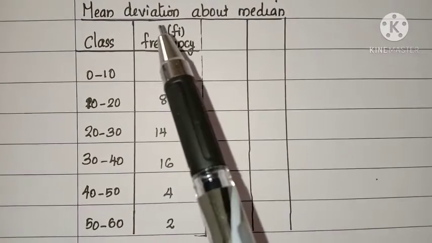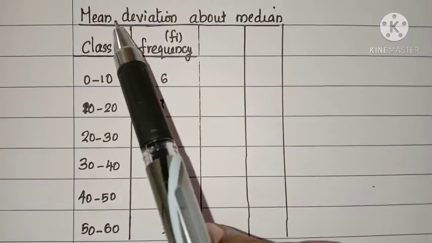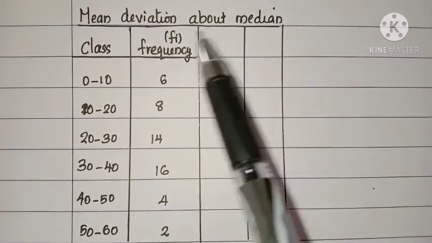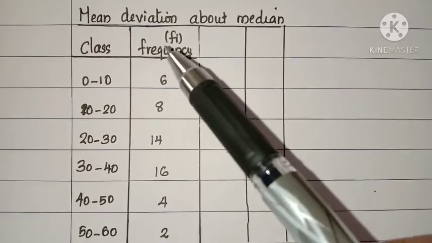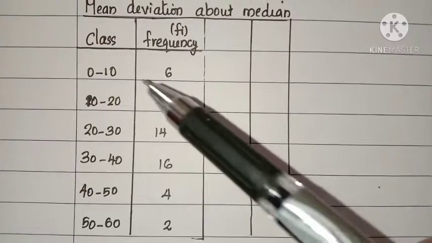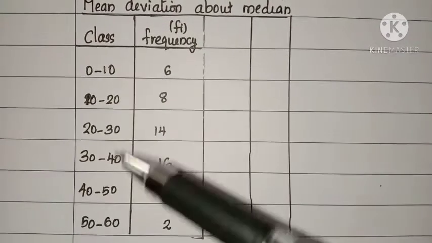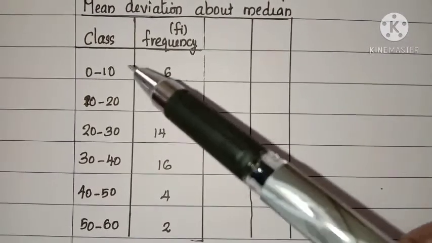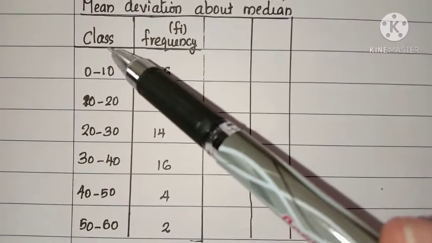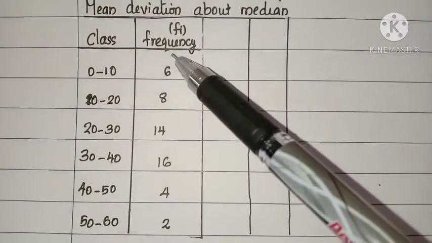Let's see this example. We have to find mean deviation about median for this data. Observe the given data. Listen. The data is in the form of class intervals plus frequency.